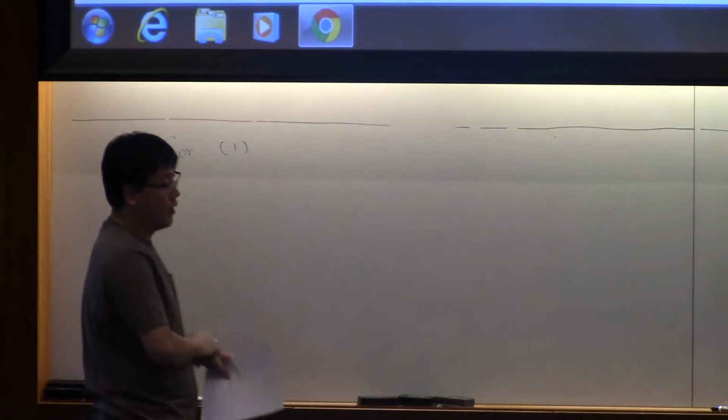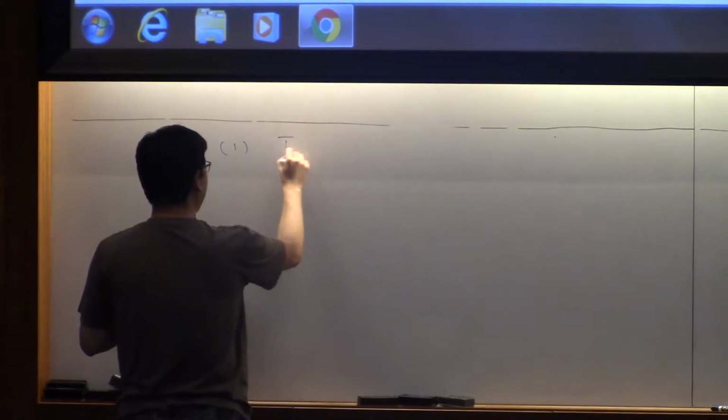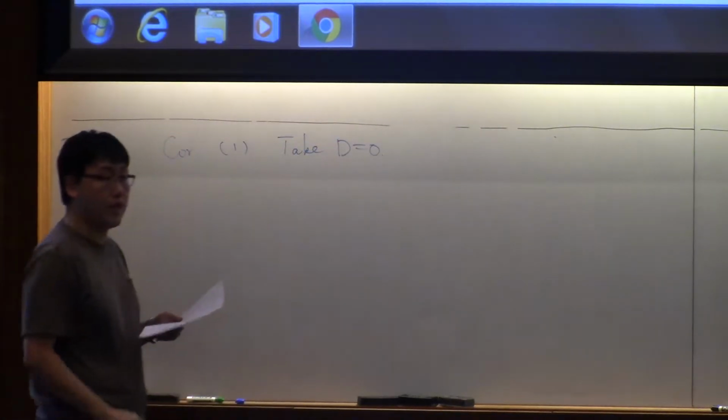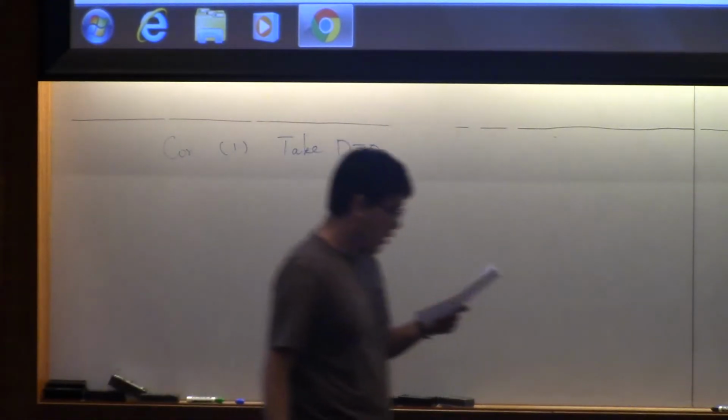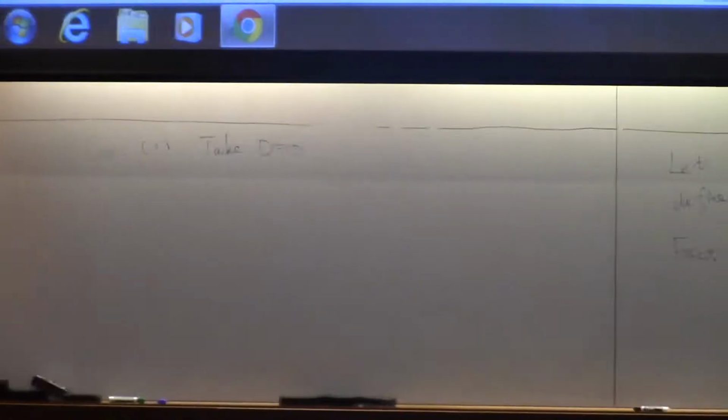The first one, in that theorem, you just take the divisor to be the zero divisor. Then we know that this L0 is 1, and the degree of the zero divisor is 0.